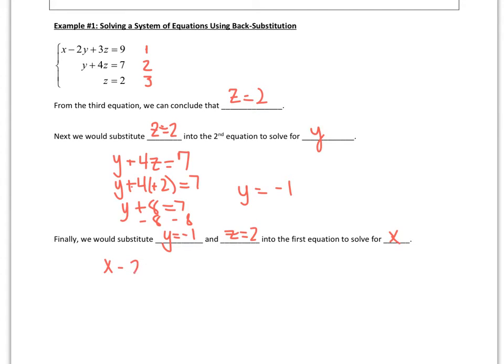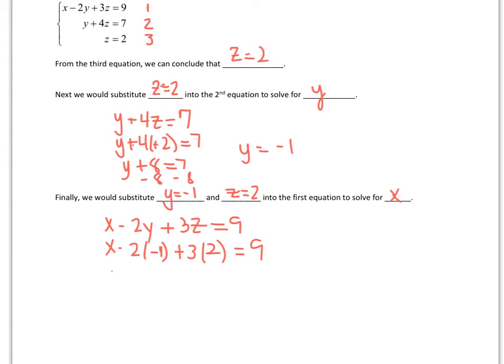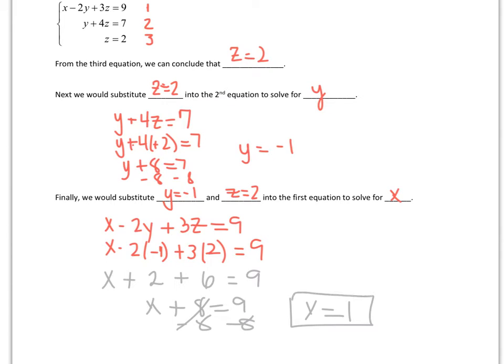We have x minus 2y plus 3z equals 9. x minus 2 times y plus 3 times z, so we've got x plus 2 plus 6 equals 9. x plus 8 equals 9, minus 8 on both sides. And then we get that x is equal to 1. And that's our final answer.